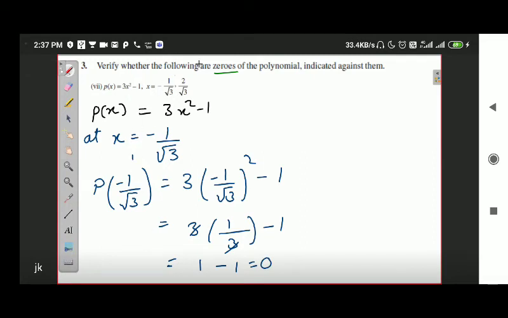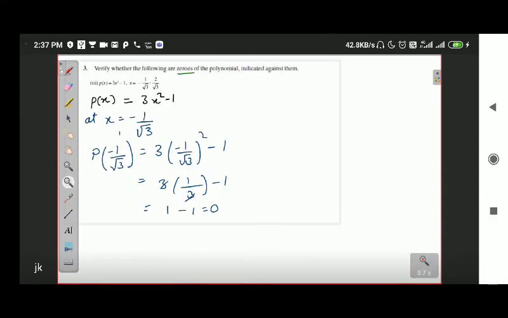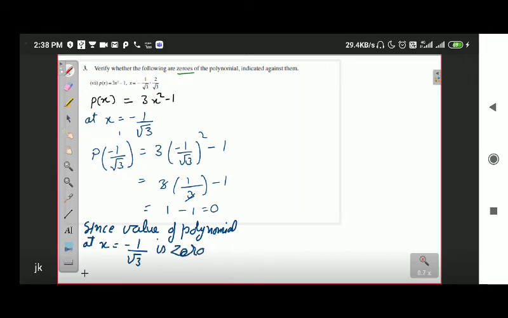That means, since the value of the polynomial at x equals minus 1 upon root 3 is 0, it is a 0 of p(x).